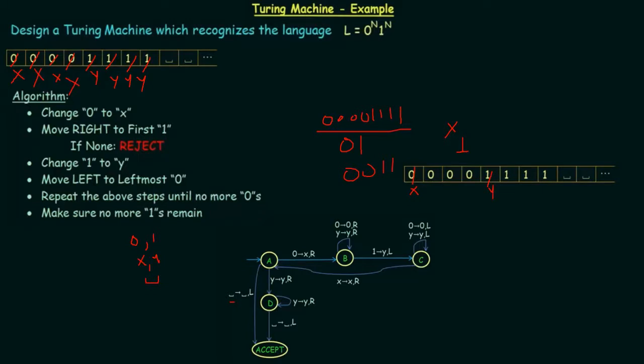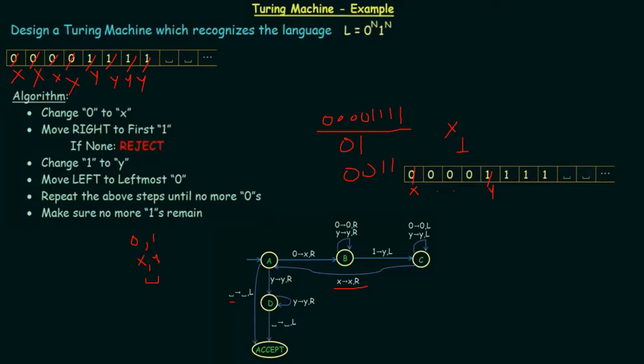After moving left, I have another 0, so move left. Another 0, move left. Another 0, move left. Upon moving left, I will see that there is an x. So I will move again in the right direction and read it.